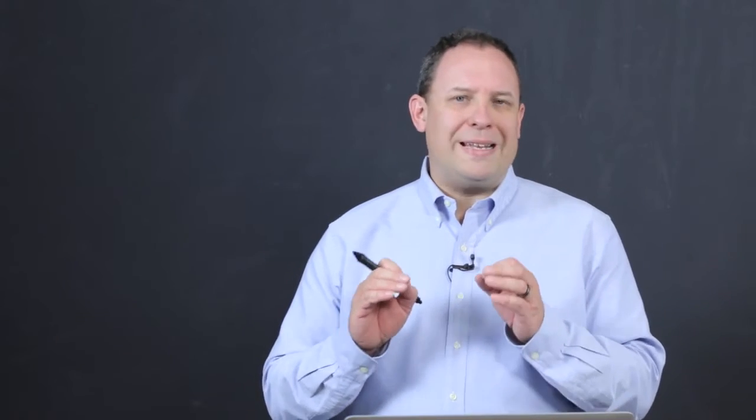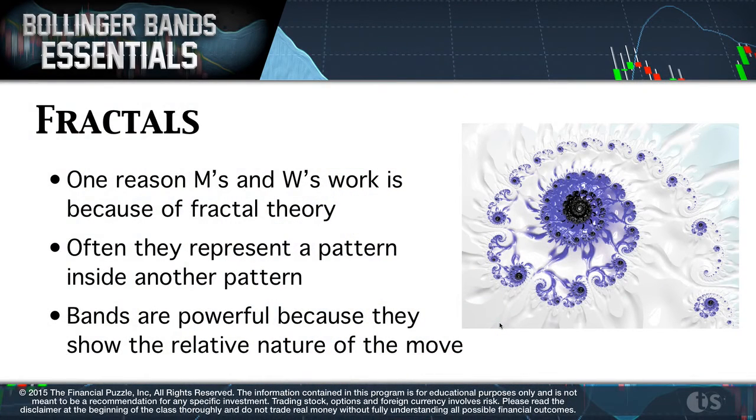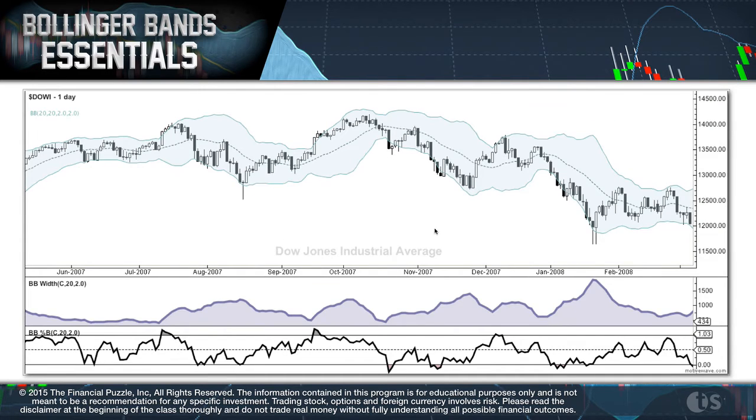They may not always be identical, but they're very similar in formation here. So what often happens with the M patterns is we have a fractal inside a fractal. Let me show you what I'm talking about. One of the reasons M's and W's work is because of fractal theory. They often represent a pattern inside another pattern. And one of the reasons the bands are powerful is because they show the relative nature of the move. Let me show you in practice here.